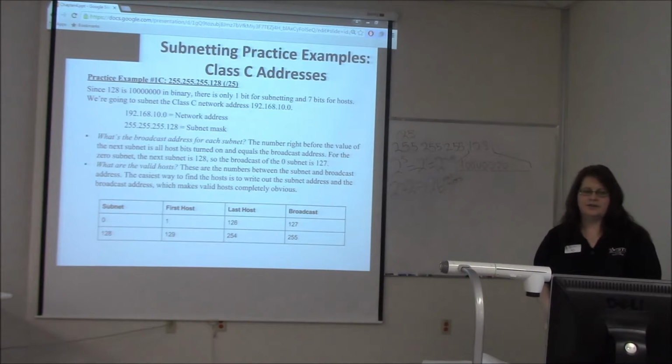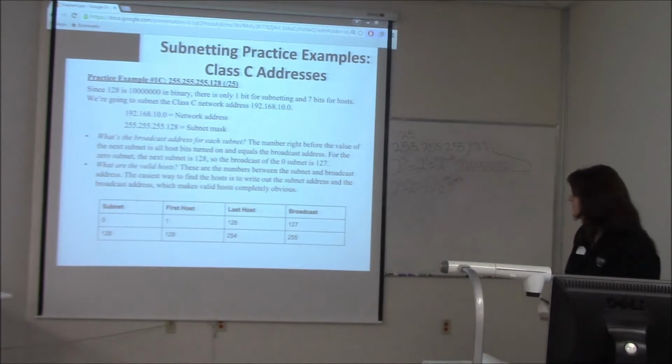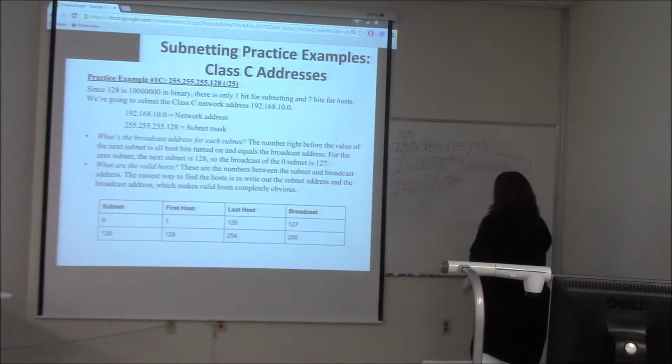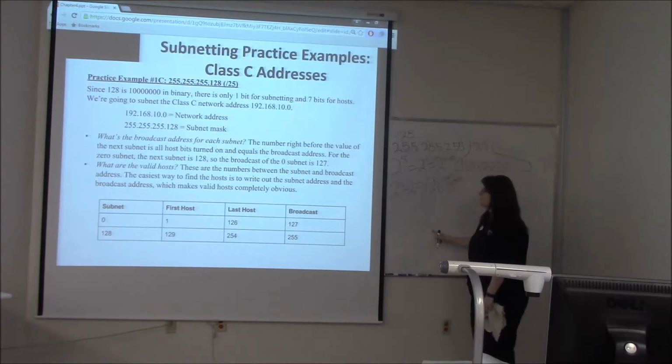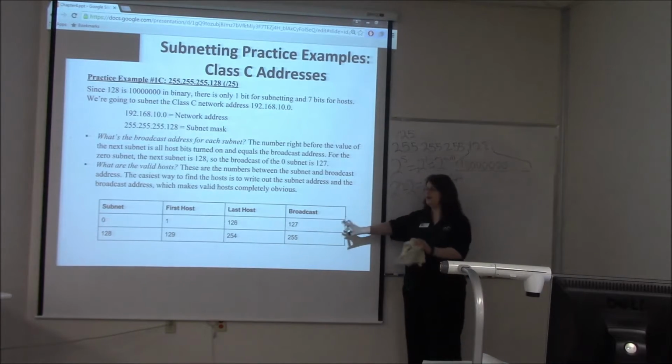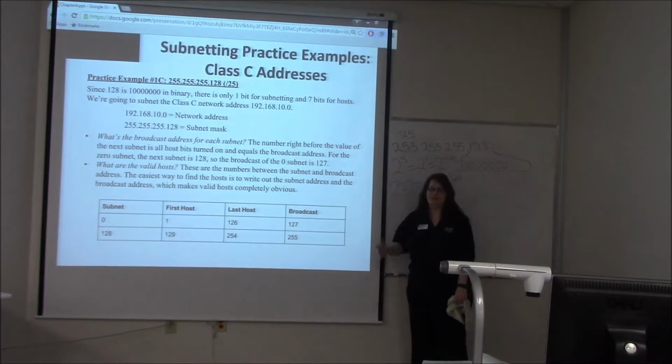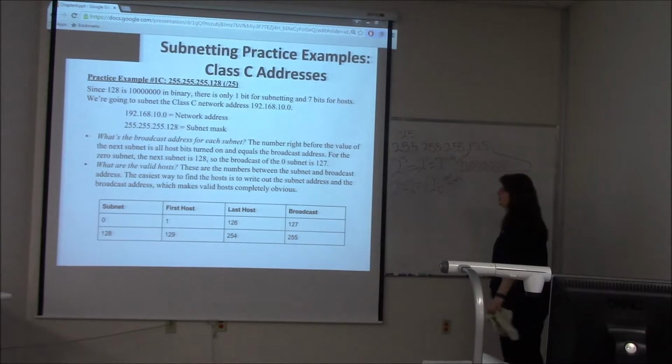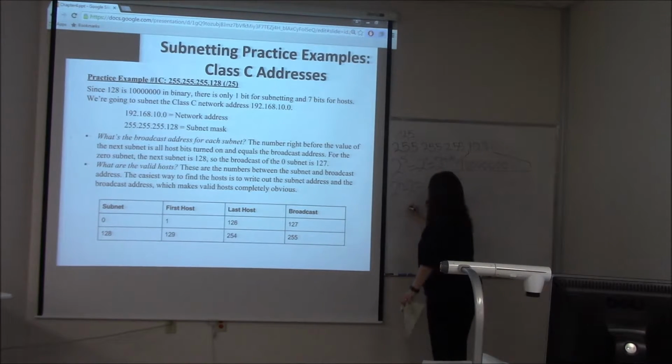Okay, now if we wanted to subnet this out, this is what we would do. I use this method because this makes sense to me. If you have another way of plotting out your math, that's fine with me. I don't care. But this is what I do. I start with the subnet, or you could call it the network address.